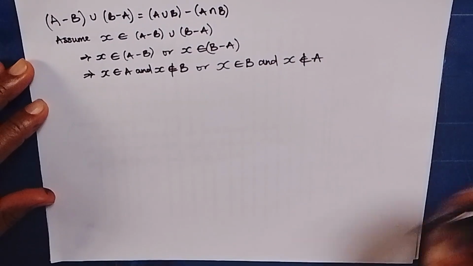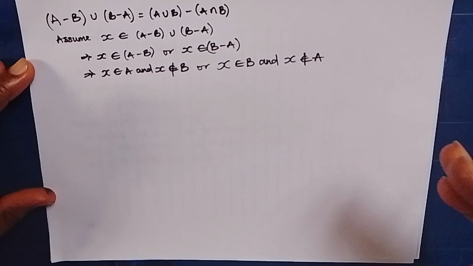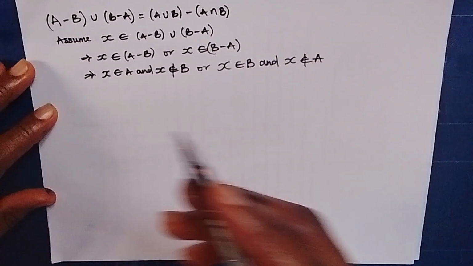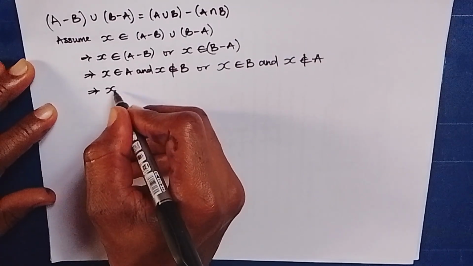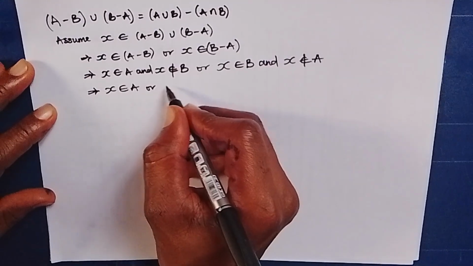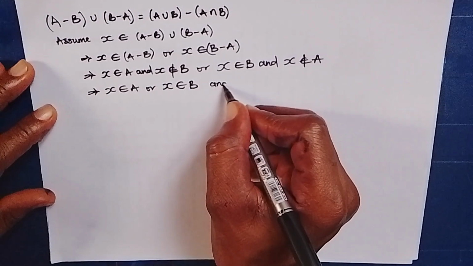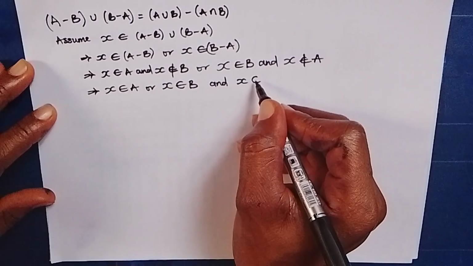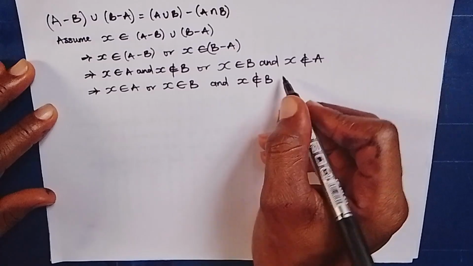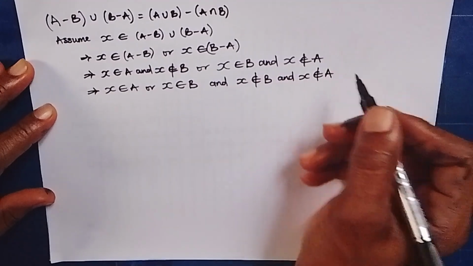So what are the like terms? Member, not member. So we'll bring the members together, we'll bring the not members together. So we have x is a member of A, or x is a member of B. And x is not a member of B, and x is not a member of A.